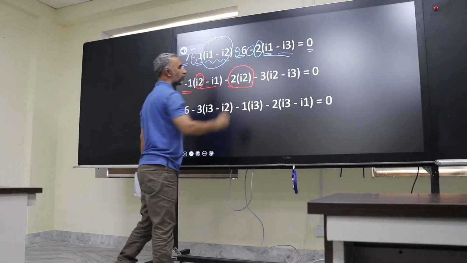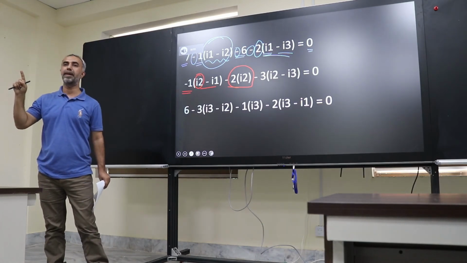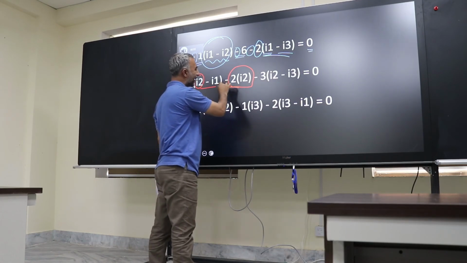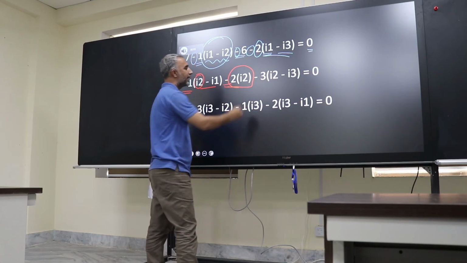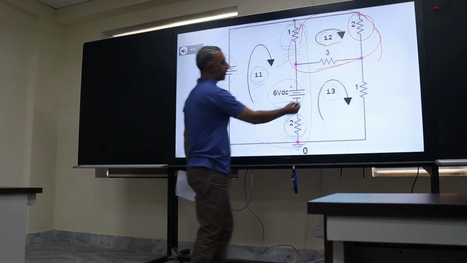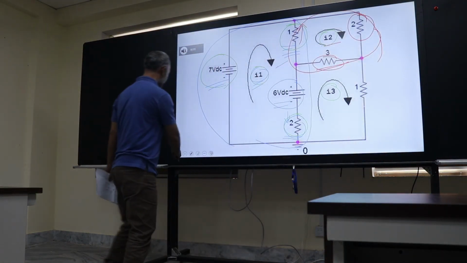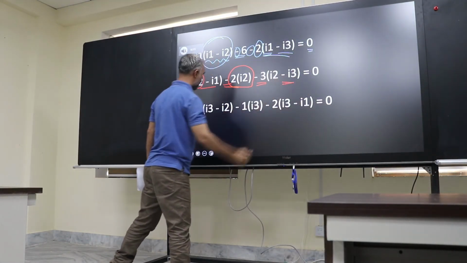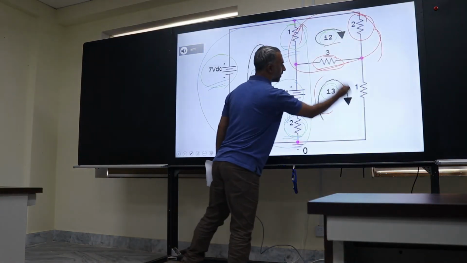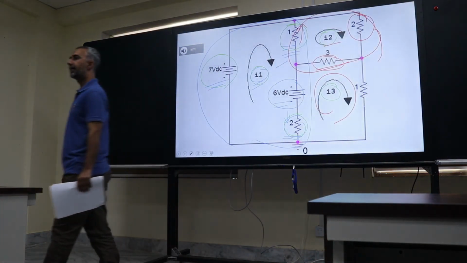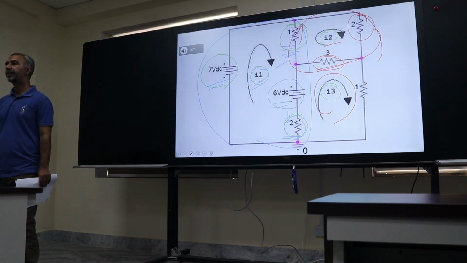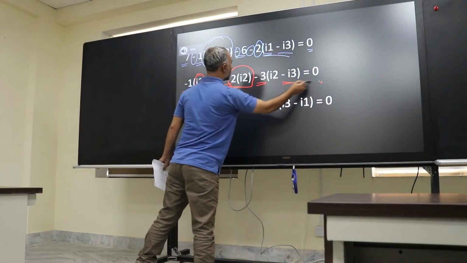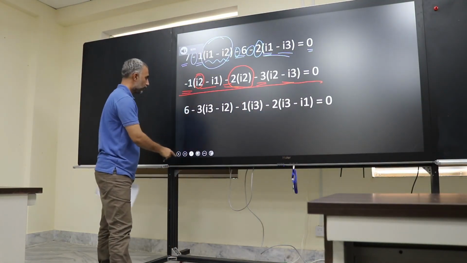So this current is only dependent upon the I2 loop, but it is again getting some current from this bulb, so a negative sign. So this one is representing the second loop.